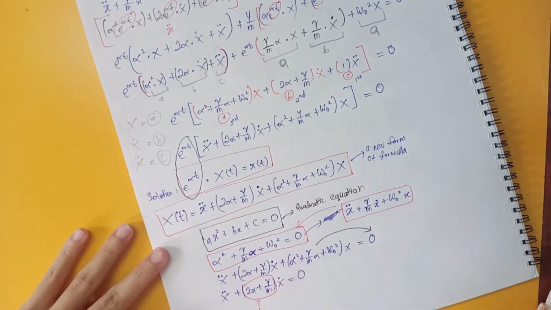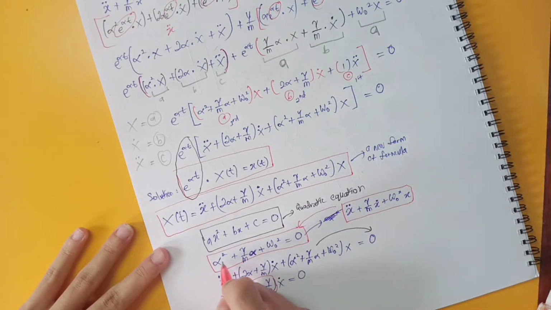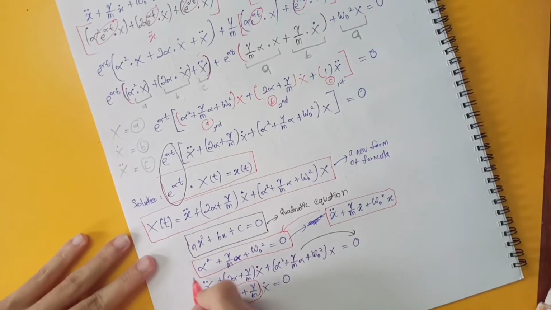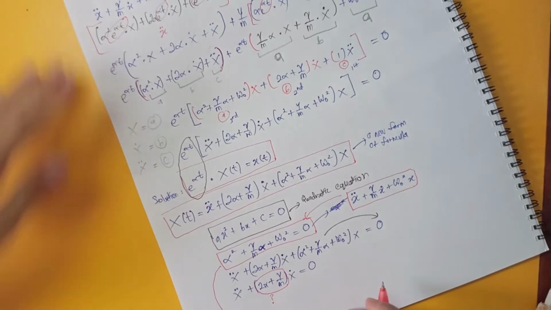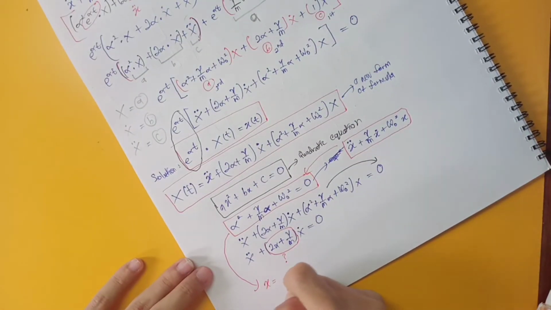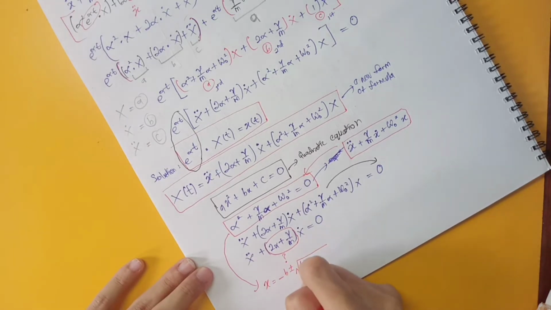From here, we want to use the quadratic solution, which, if you remember from secondary school, is x equal to negative b plus minus the square root of b squared minus 4ac over 2a.